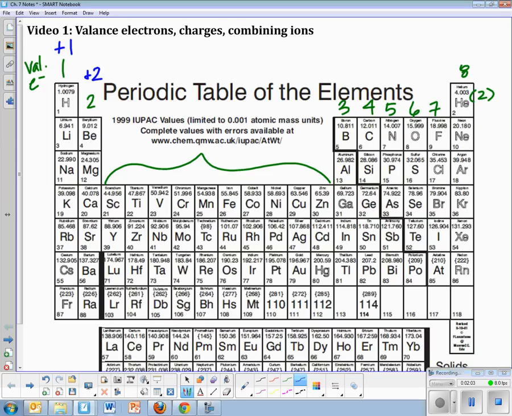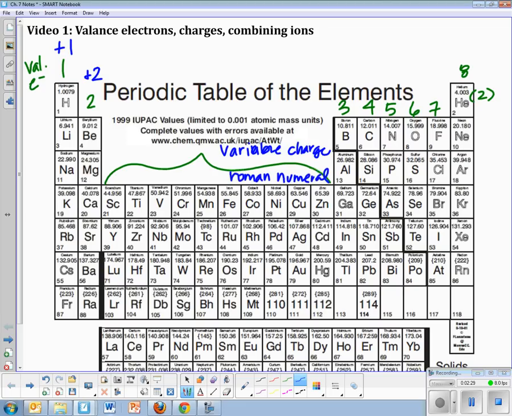The middle now, they have variable charge, which means that they all have different amounts of charge. These are going to be told to you, or you're going to be writing them through a Roman numeral. So we'll be going through this more in the next video.